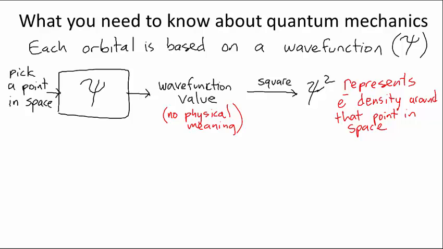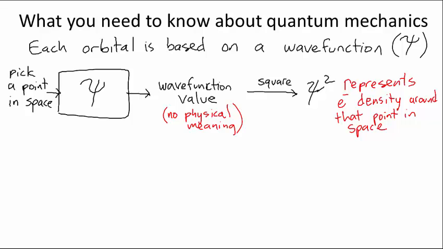Now, we think of orbitals not as mathematical functions, we think of them as pictures, right? So the question is, how do I get from this to those pictures of orbitals that we've seen? We're essentially graphing it. We're picking all the points in space around the nucleus. We're finding the psi squared value, and then we make a picture that shows where the electron density is high, and we call that our picture of the orbital.